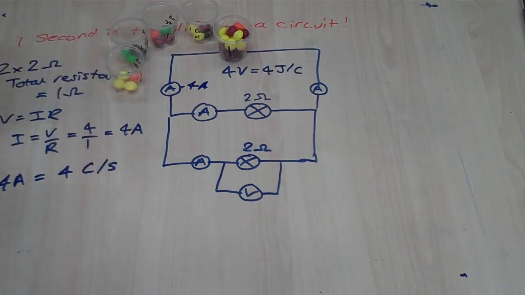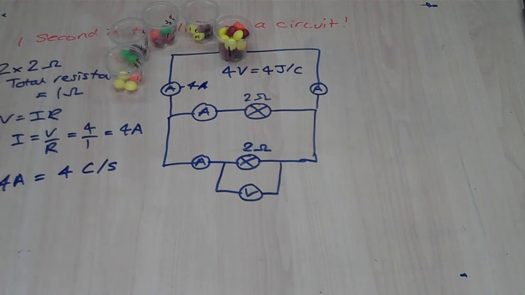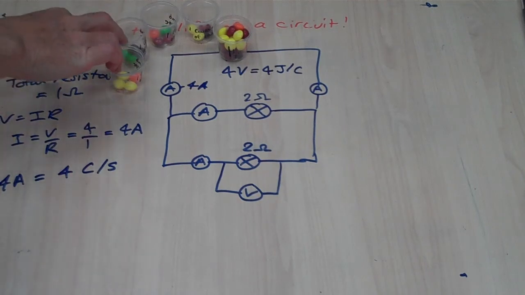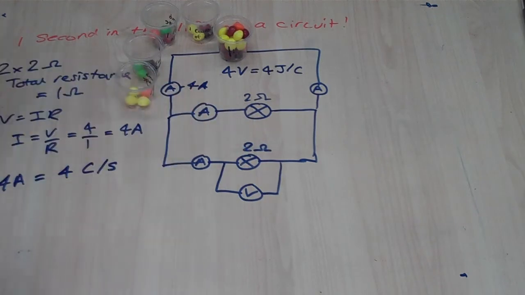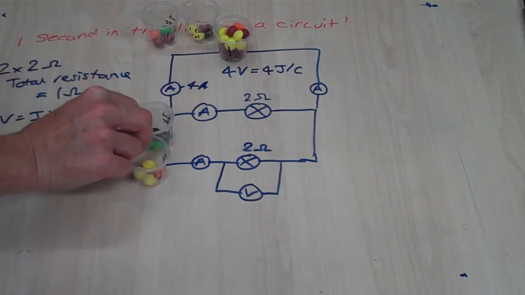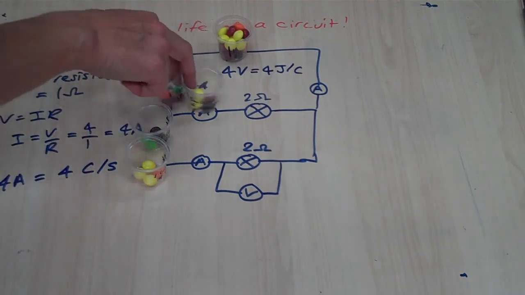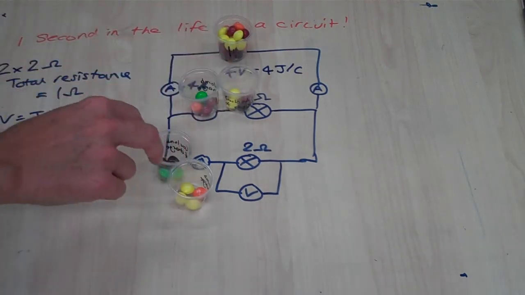However, when we get to this point in the circuit, where we've got a junction, there are 2 pathways that the current could flow along. Because both of our branches in our parallel circuit have the same resistance, the charges will divide equally between each branch. So 2 of the coulombs of charge would flow down that branch, and the other 2 would flow down this branch.